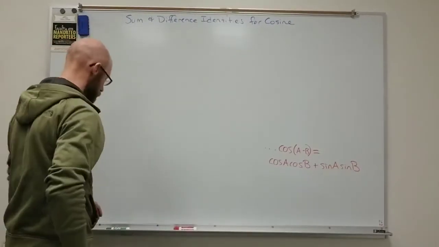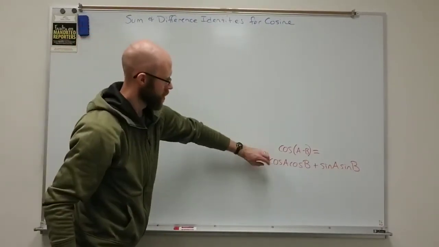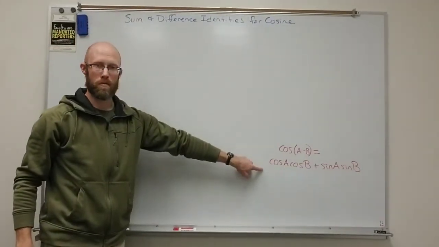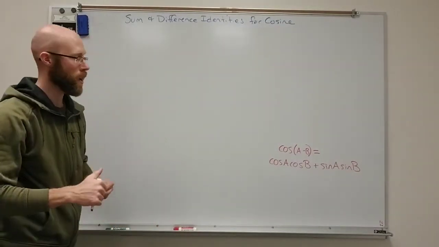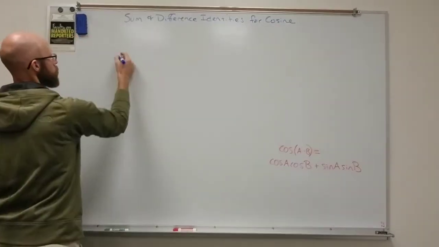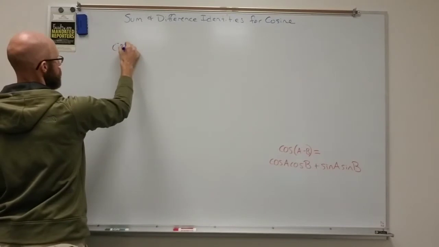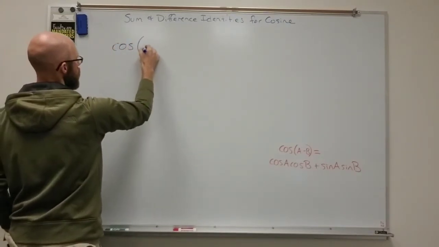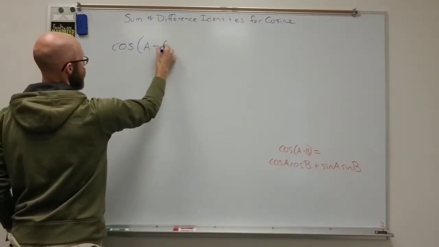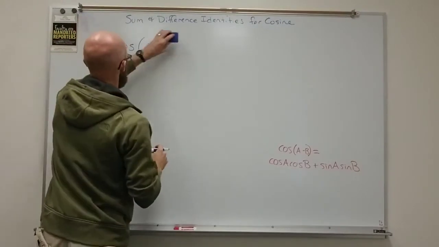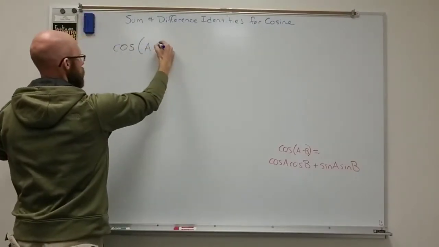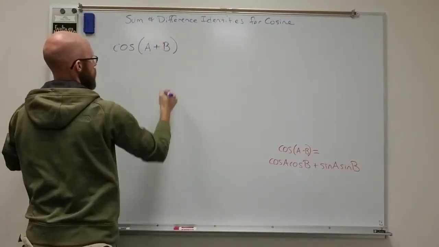Not that I need a whole lot for this, but this is a formula for the subtraction, for the difference. What's interesting is you can actually use that formula in order to get the cosine of a plus b.